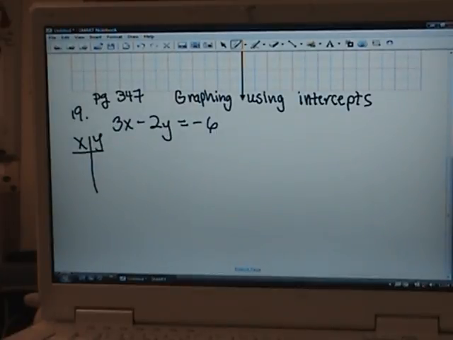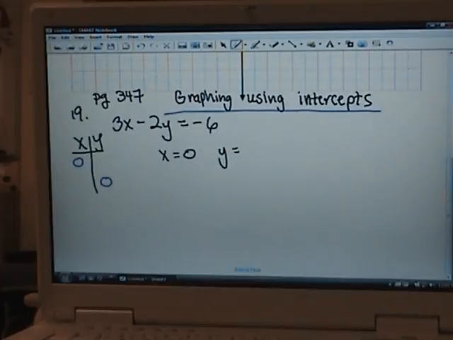When you're graphing using intercepts, you always use 0. You want to know when x equals 0, what is y? When y equals 0, what is x? So let's start. We're going to say x equals 0.